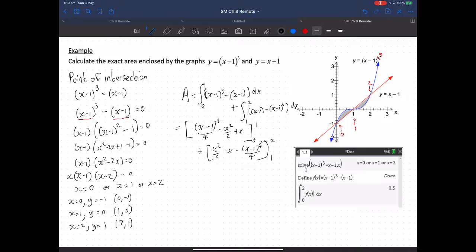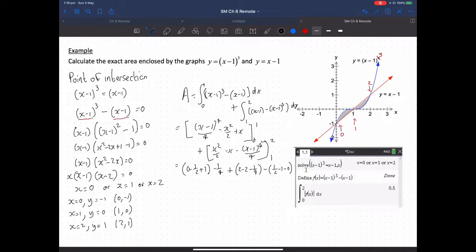Substituting our values into the integral, we would get 0 minus a half plus 1 minus 1/4. Plus, looking at the second integral, we would get 2 minus 1/4 minus a half minus 1 minus 0.